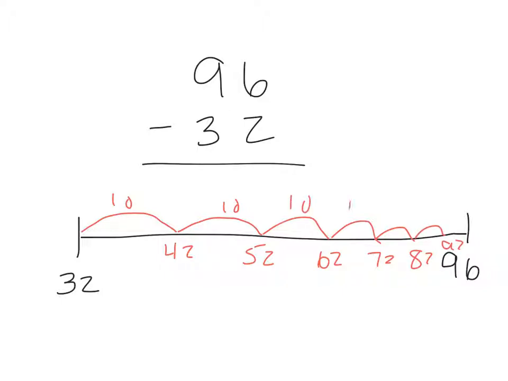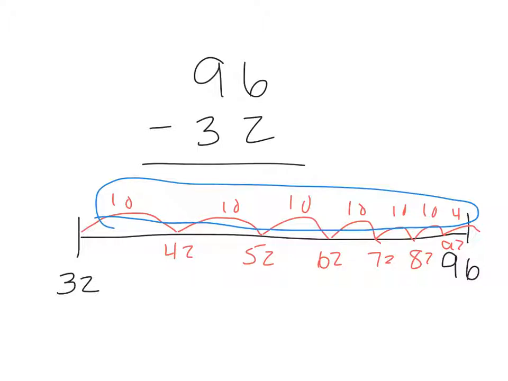So 10, 10, 10, 10. And then from 92 to 96 is 4. Now I can go back and add all these jumps up. 10, 20, 30, 40, 50, 64. So 96 minus 32 is 64. I used this number line and these jumps of 10 to get me as close to 96 as possible.